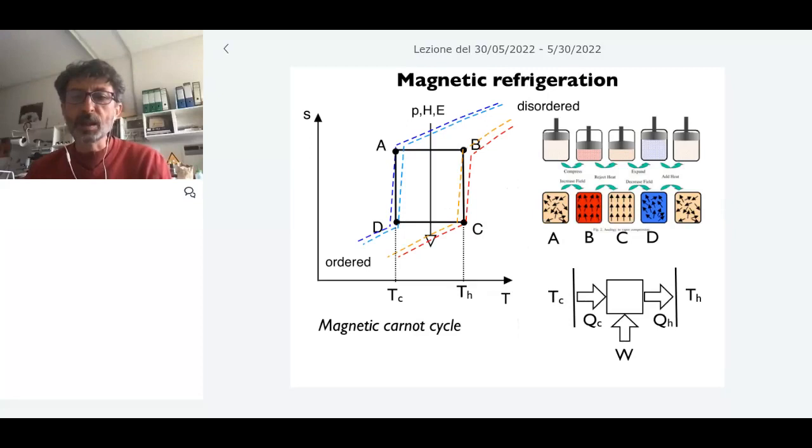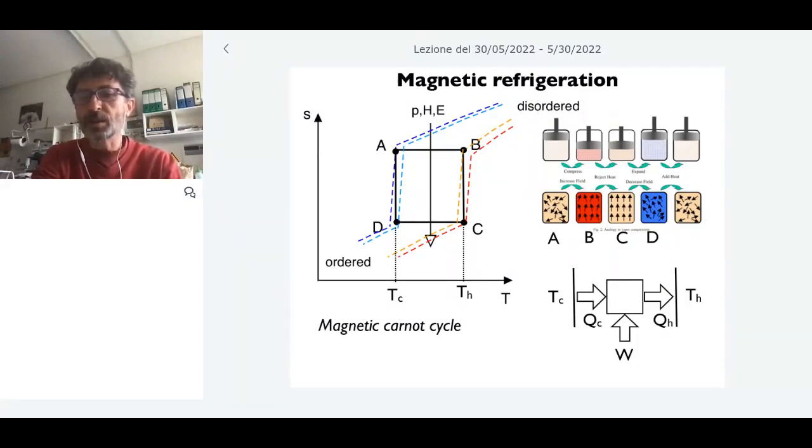And this is the idea of magnetic refrigeration at room temperature, which is a research topic where we were also involved, especially in the past. The idea is to make cooling machines exactly like you do for fluids, where you have a sequence of compression and expansion of a gas, but with the magnetic field.